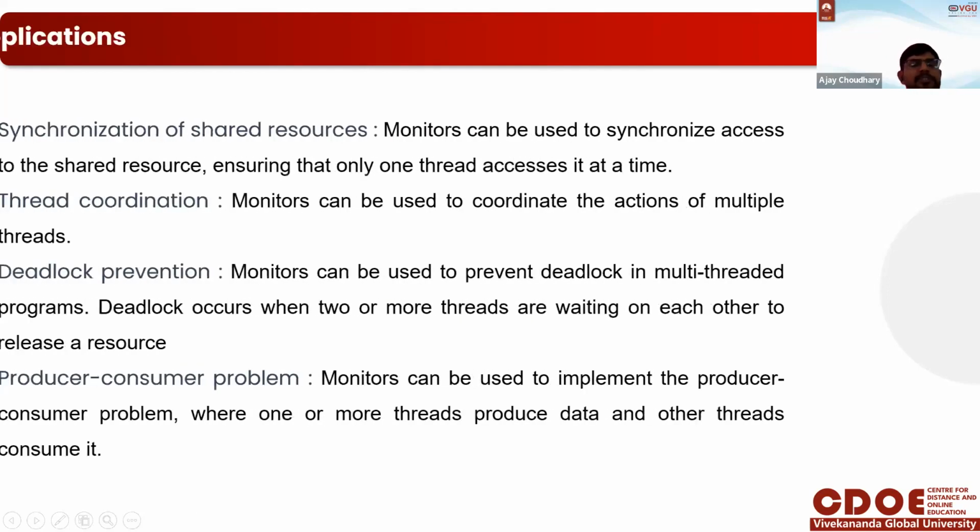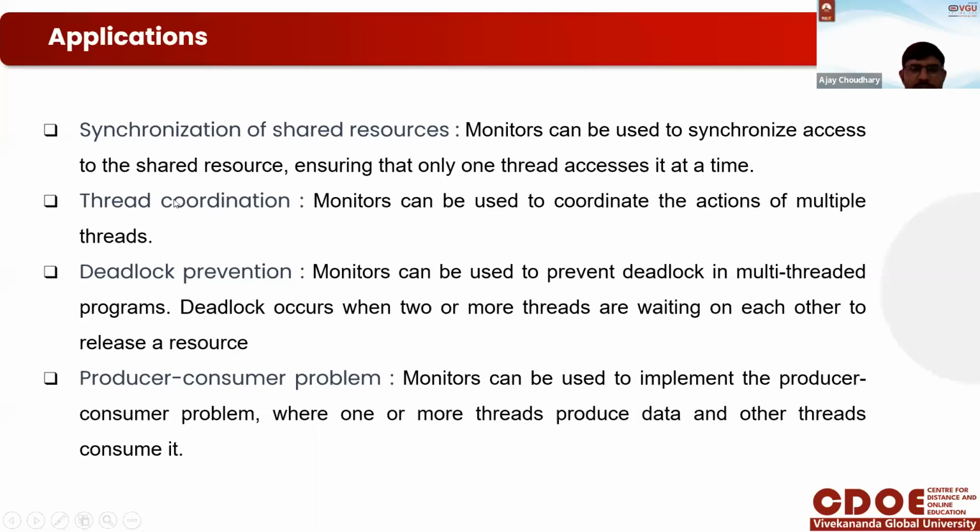What are the applications of monitor? For monitor, we maintain synchronization of shared resources, thread coordination, deadlock prevention, and the producer consumer problem. These are the applications of monitor. Monitors can be used to synchronize access to shared resources, ensuring that only one thread accesses it at a time.